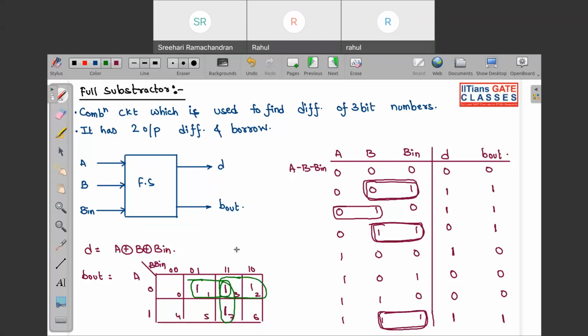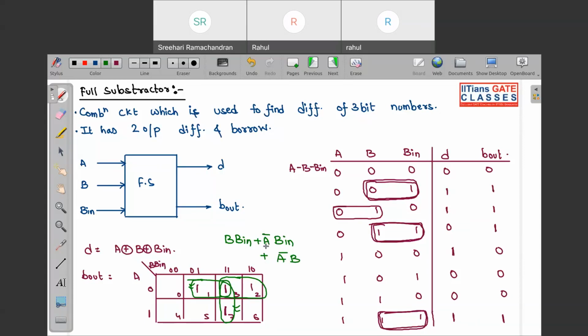So for this one it is B in. Okay, this group I have done. Now this group, if you want to see, so that will be A complement, and over here B in, A complement B in. Okay, and this group will be what? This will be A complement B. Okay, A complement B. Wait a minute.